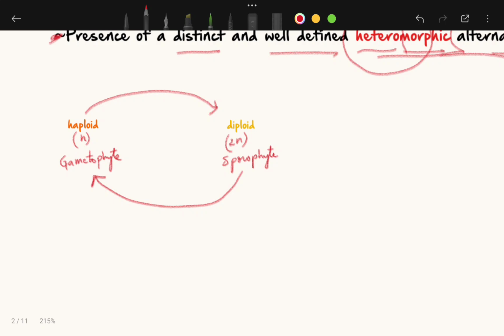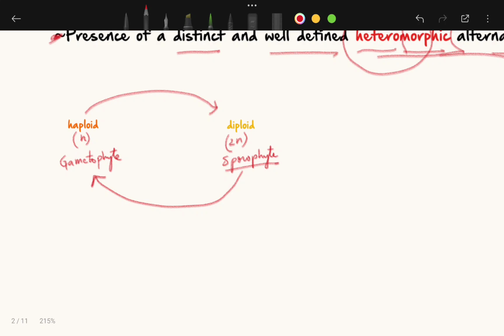So what you will see is that the gametophyte will produce haploid gametes, that is the male gamete and the female gamete, and they will undergo fertilization and give rise to the sporophyte, which is diploid.